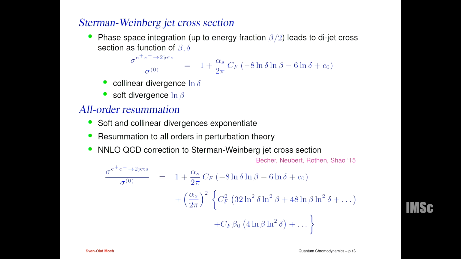So this is the collinear singularity. Then you have a log of beta, the energy fraction that you have. So beta becoming soft is a soft singularity here. So you have the log in delta and the log in beta, the collinear and the soft singularity again. And then you have minus 6 times the log of delta. This is again a collinear singularity. And then you have some finite constant which you have to determine numerically.